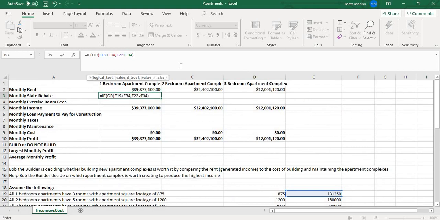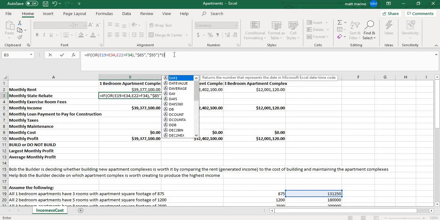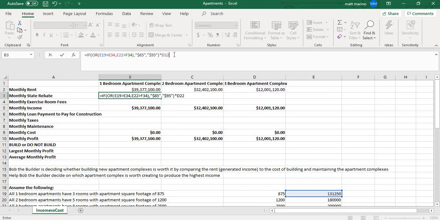We then close out our OR function. However, we now need to tell Excel what our value is if this is true. If it is true, $85. If it is false, $95. Make sure that when typing it out this way, you include your closing and opening quotes, or else there will be an issue. We close out our formula, and then we need to multiply it by D22.